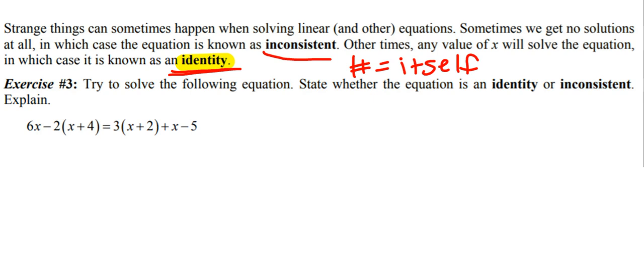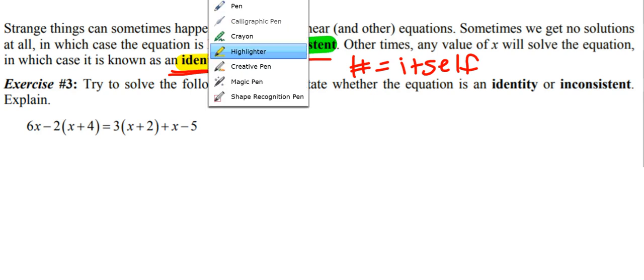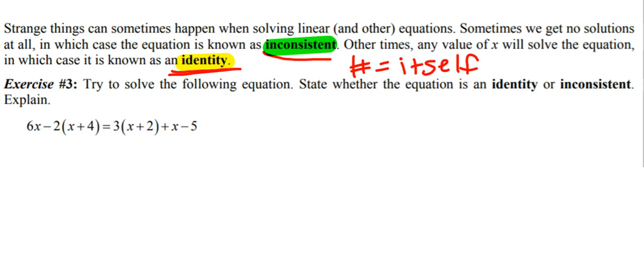That's identity. Inconsistent is going to be if a number does not equal another number. Okay, this will make sense in just a minute.